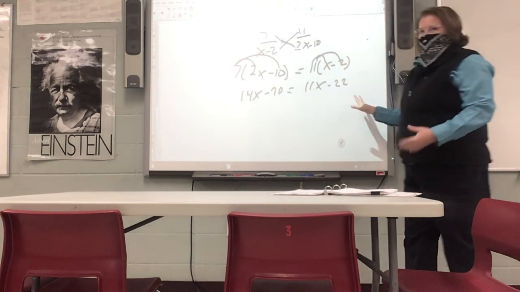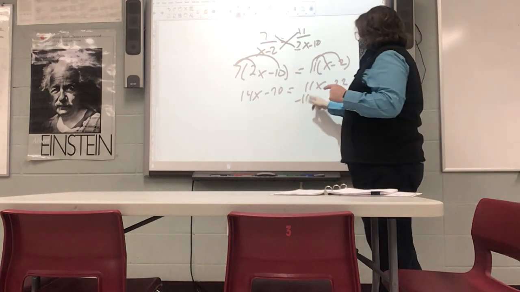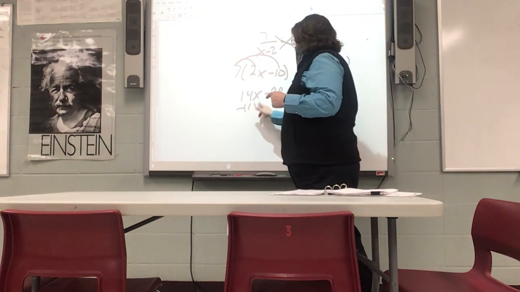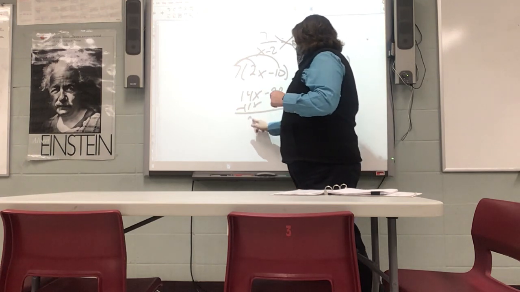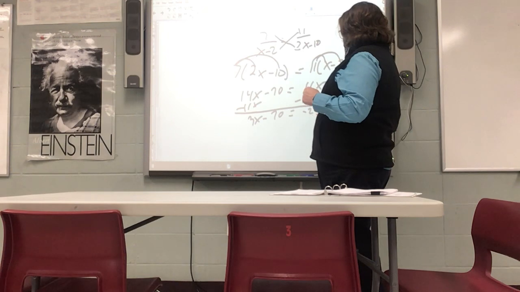Everybody have that somewhere? Good. So now you get to decide what you want to do to start solving. Everybody got a preference? Okay, move the 11, so I would subtract 11x. Good job. So that gets me 3x minus 70 is equal to negative 22.